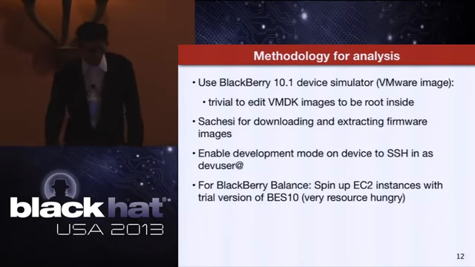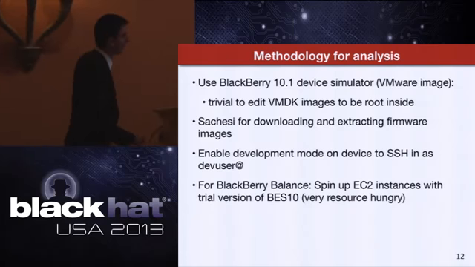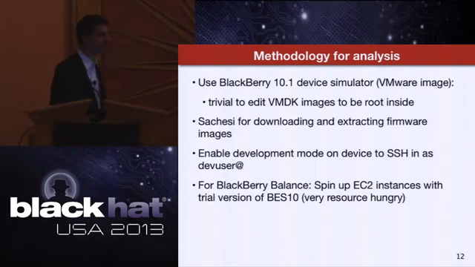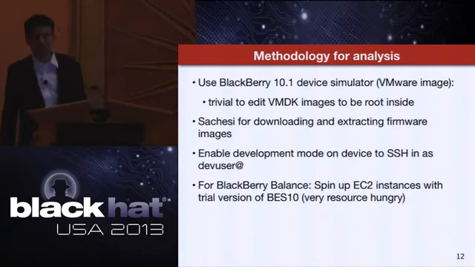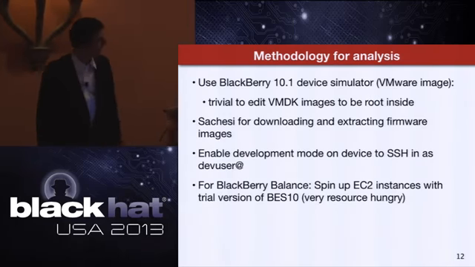Then there is, so this tool didn't exist when I started, but now there is a tool called Sashezi, I think that's how it's pronounced, by some Crackberry forum member, xSasha.